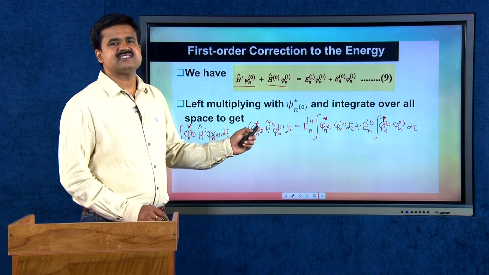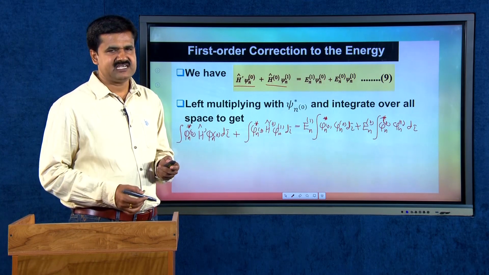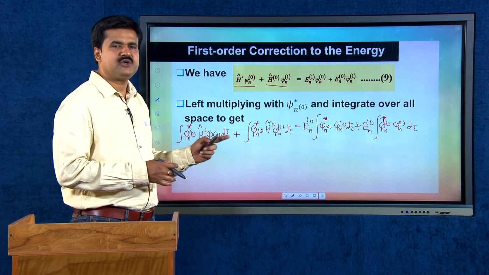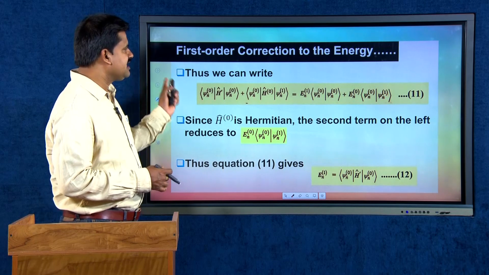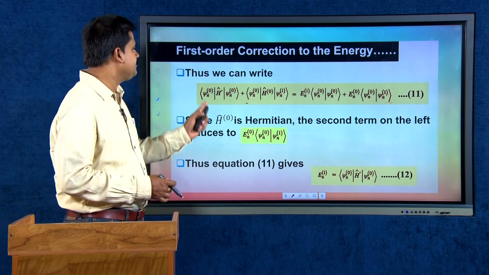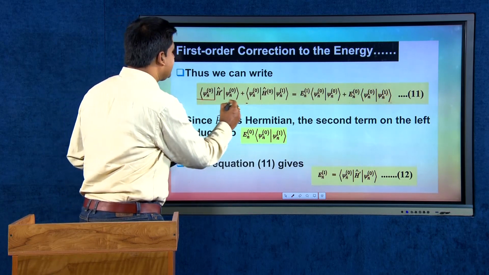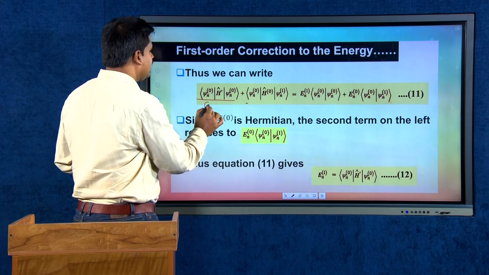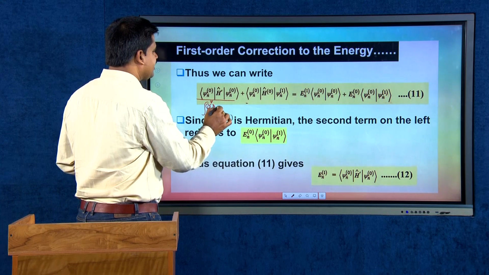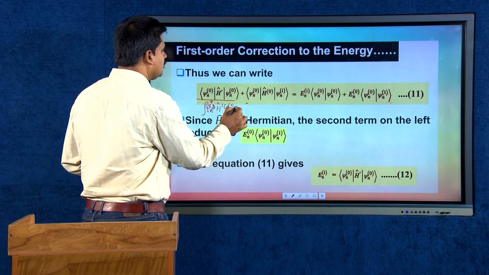We can change this integral representation into bracket representation for convenience, and on proper rearrangement we can modify this into a new equation. This bracket representation implies integral psi n0 star h hat dash psi n0 d tau.